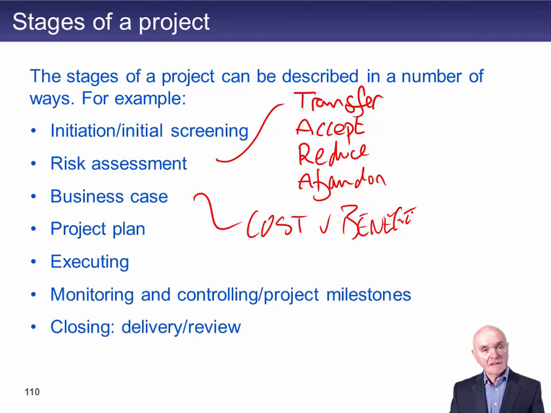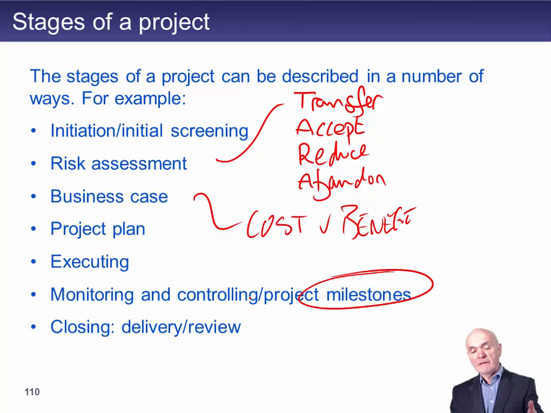Doing the project itself. Sometimes we'll do it internally, sometimes it will be subcontracted, sometimes it's going to be a mix of personnel. We have to monitor and control the project. We have to look at what's called project milestones. So a project milestone is like saying, well, in 3 months' time, we should have done this, this, and this.